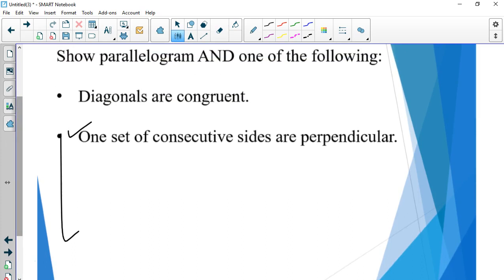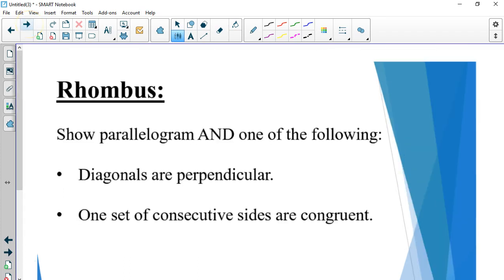And the nice thing is, since one of the ways to prove a parallelogram is just do all four slopes, if you do all four slopes, you'll prove that it's a parallelogram, and then looking at the slopes, you can prove it's a rectangle in one fell swoop. So that's just kind of a shortcut.